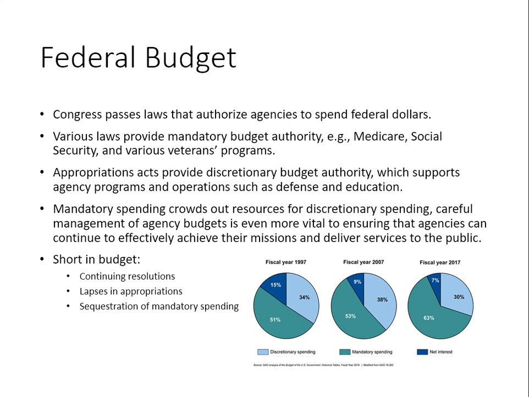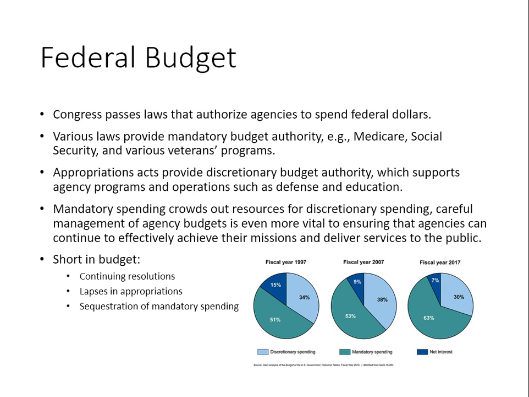First, the federal budget. In order for federal agencies to spend money, Congress needs to pass laws that authorize those agencies to spend federal dollars. The various laws provide mandatory budget authorities, for example, Medicare, Social Security, and the various veterans programs.